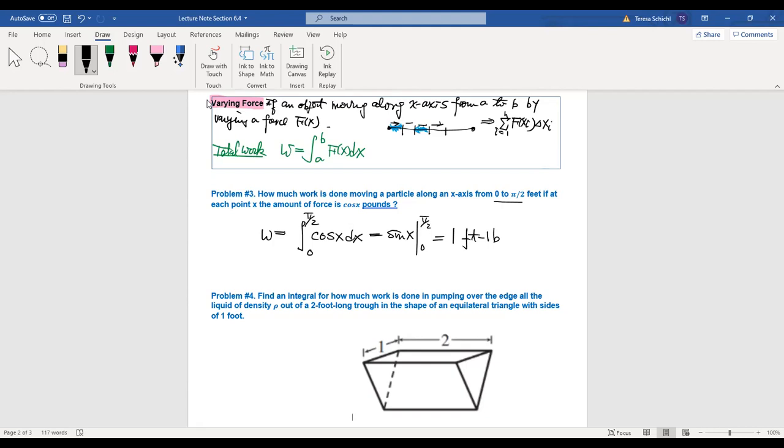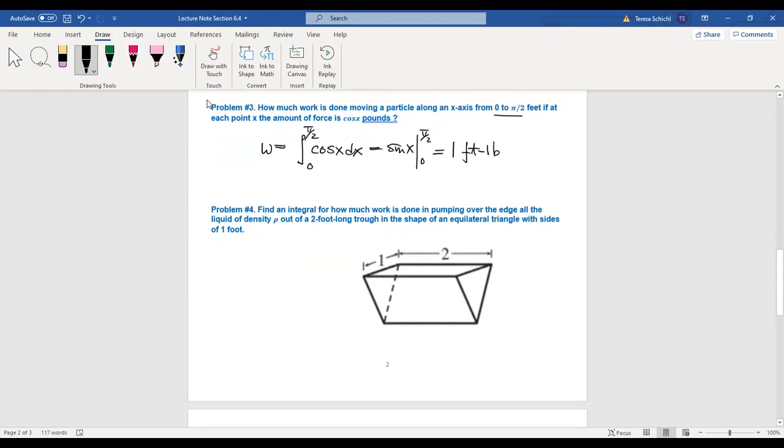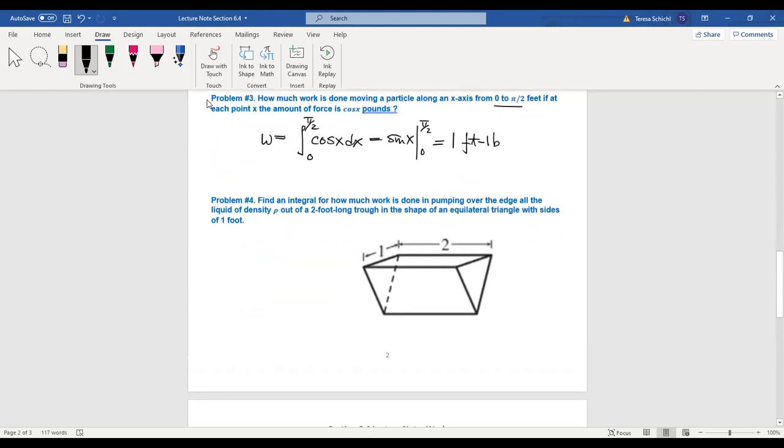Okay, now let's take a look at problem number 4. Problem number 4 is a very good problem. It puts all these things together and shows how we do that. In here, they say find the integral for how much work is done in pumping over the edge all the liquid of density rho out of a 2-foot long trough in the shape of an equilateral triangle with side 1.